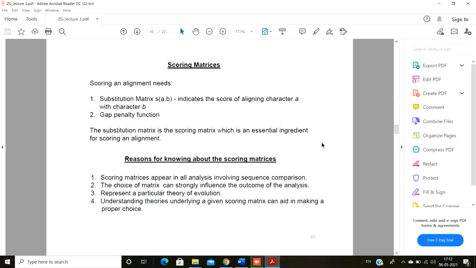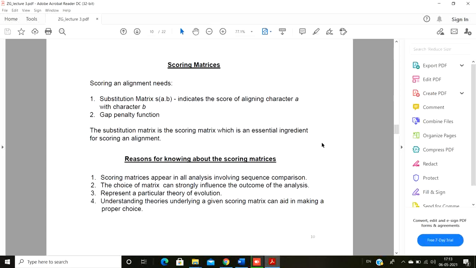Now whenever such substitutions are found in the protein, the algorithm does not take a huge penalty. But suppose a positively charged amino acid has been mutated to a negatively charged amino acid.